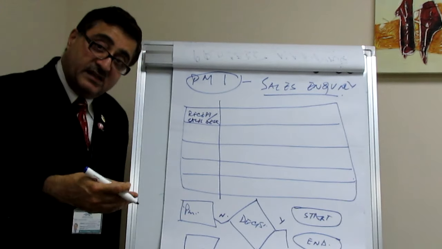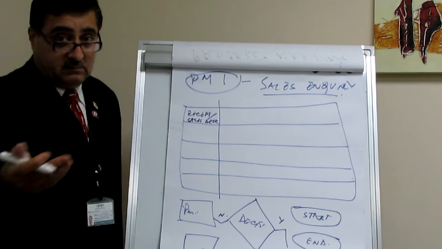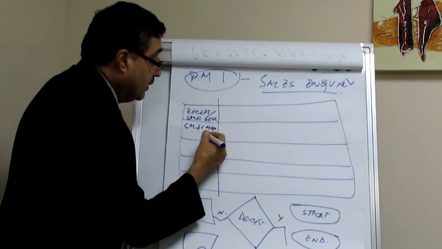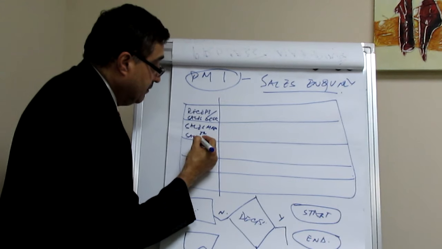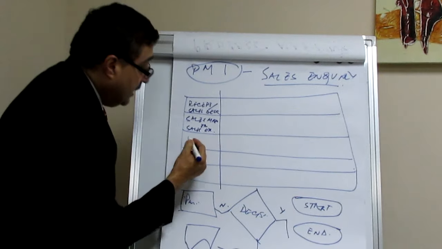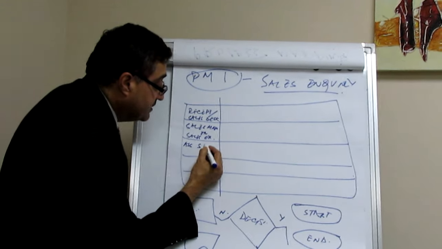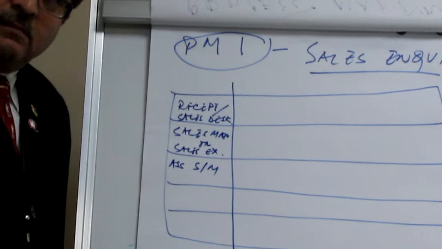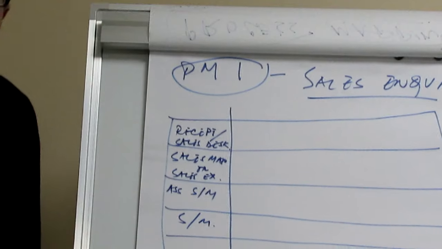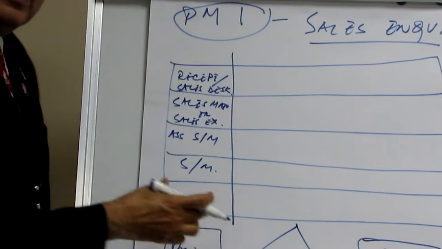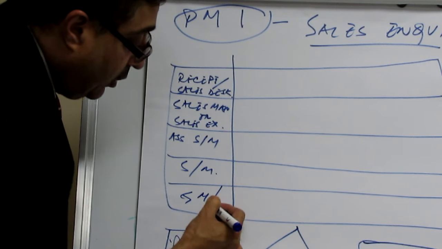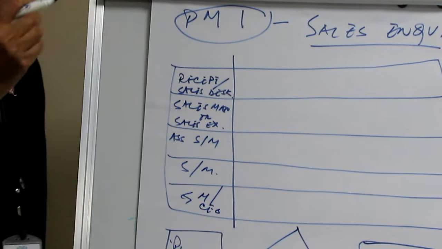Then the next person in the chain could be a salesman or a sales executive. Next in line could be the assistant sales manager, next one could be the sales manager, and the last person in the hierarchy could be the general manager or CEO or whatever the name may be.